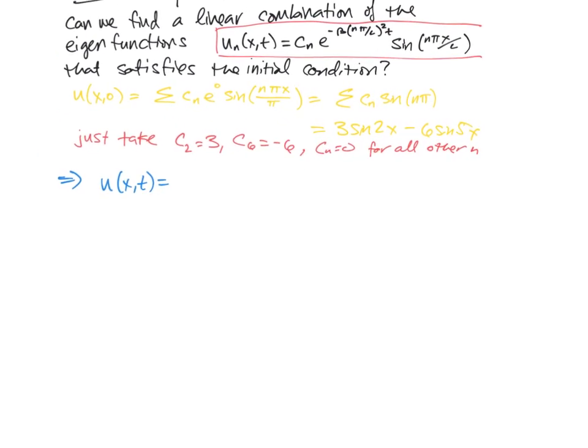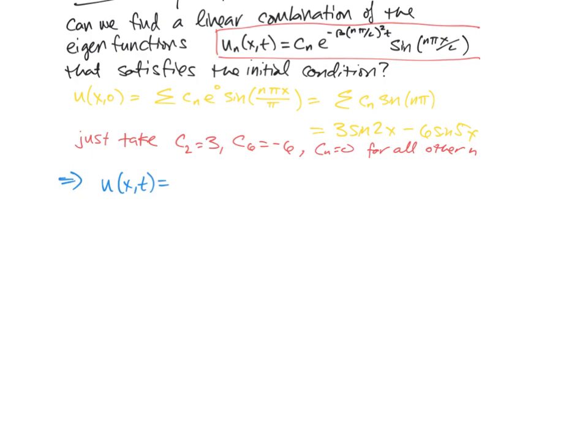Let's remember what our eigenfunctions look like. u of x, t is going to equal, we'll get a term for c_2. So 3 e to the negative, beta in this case is 7, times, for this term n is 2, so 2 squared, t, and then sine of 2x, minus 6 e to the negative 7.